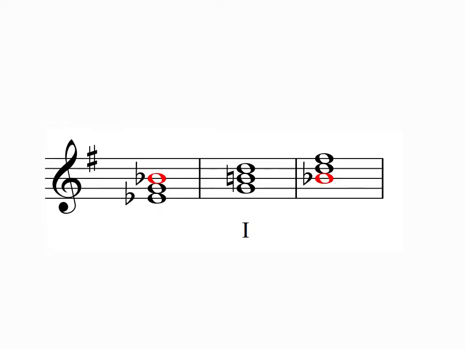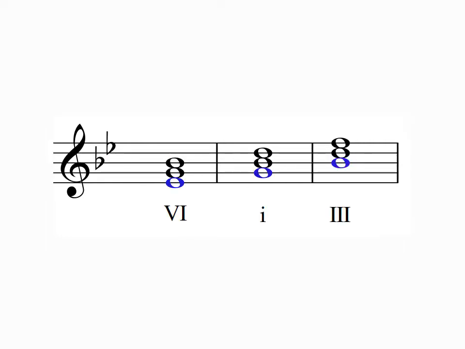Here we have that same G major triad with a different mediant relationship to an E-flat major chord below or a B-flat major chord above. Again, with chromatic mediants, there's always one common tone and one half-step chromatic element.